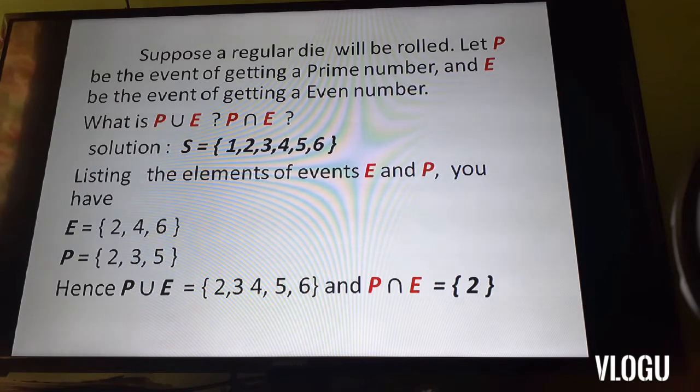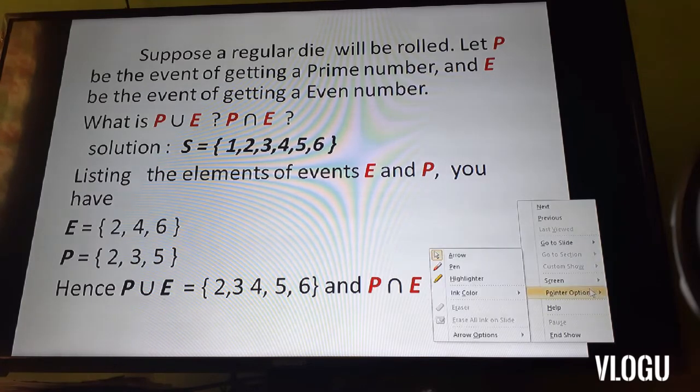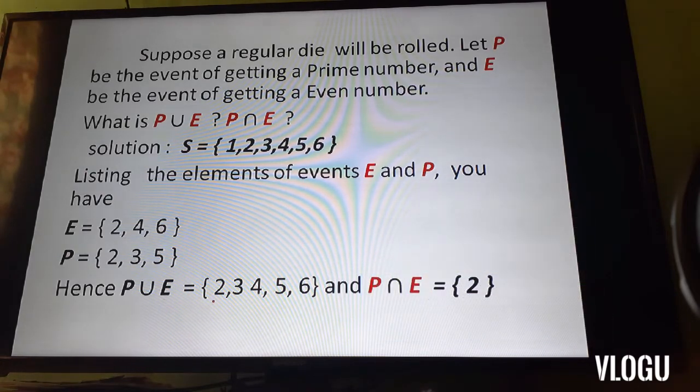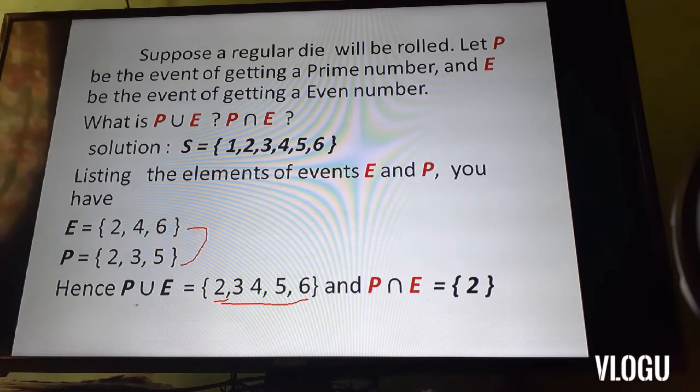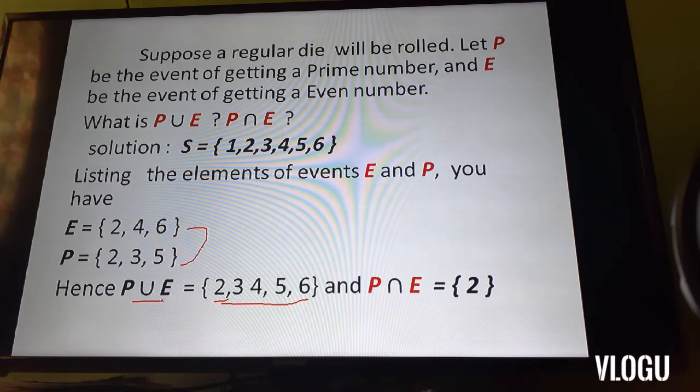Of course, to find the union of the prime numbers and the even numbers, we simply combine the two given sets of elements. So I have here 2, 3, 4, 5, and 6. These are the union. We just combine the two events to get the union, where we can find the even and prime numbers.